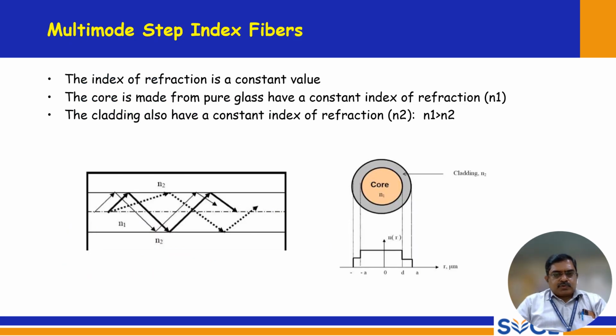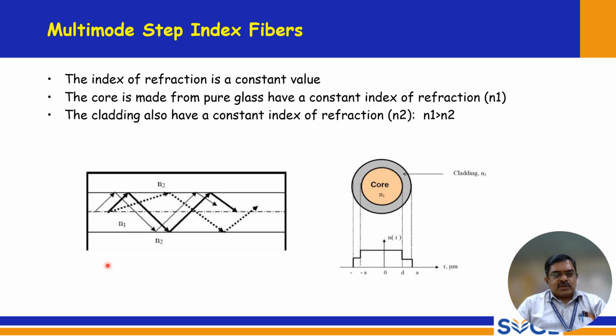Next, multi-mode step index fiber. Here the index of refraction is a constant value. The core is made from pure glass and has a constant index of refraction, N1. The cladding also has a constant index of refraction, N2. So N1 is greater than N2.